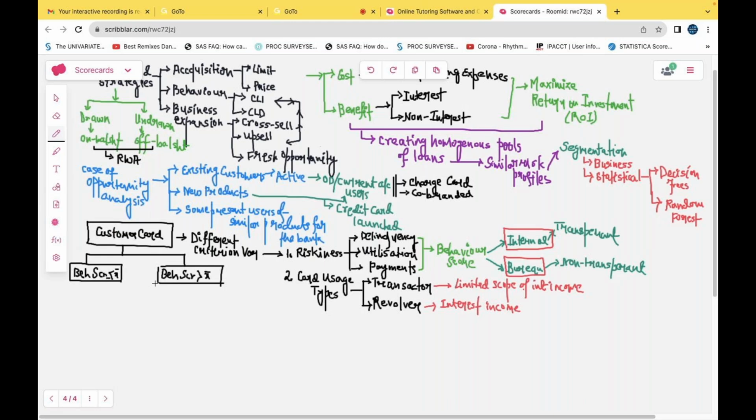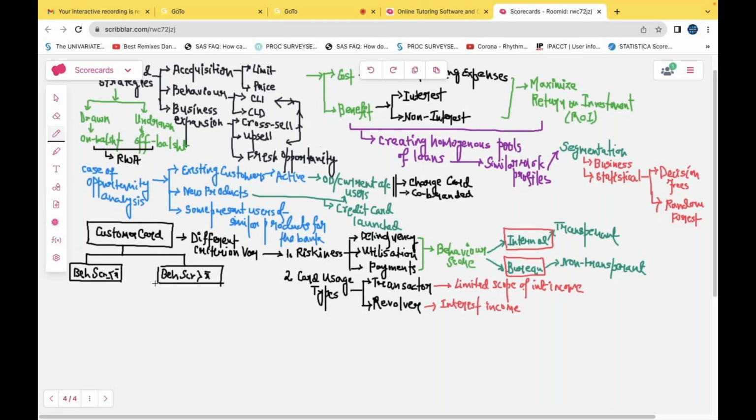Now there are two questions, because within behavior score I have two variables. If I'm choosing to split by behavior score first, should the split happen basis the bureau score? Should the split happen basis the internal behavior score, or should it happen by either of them? So that's the question.